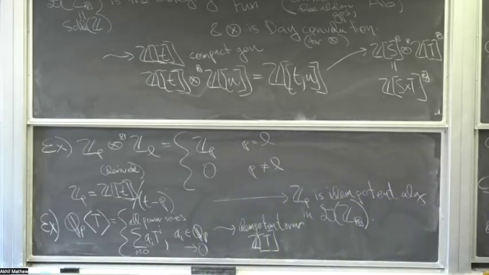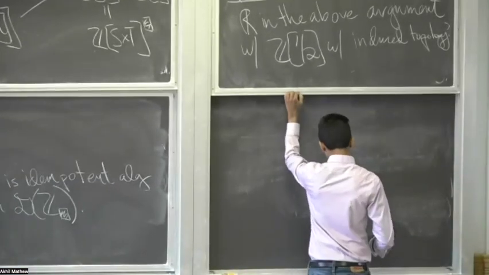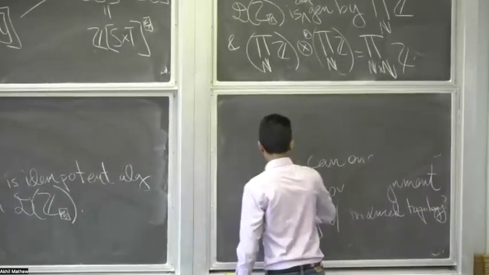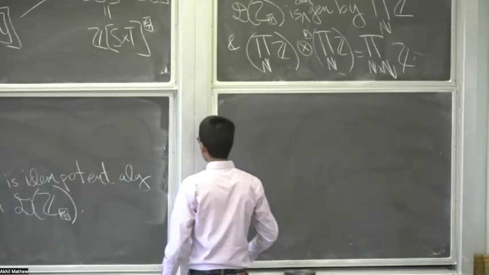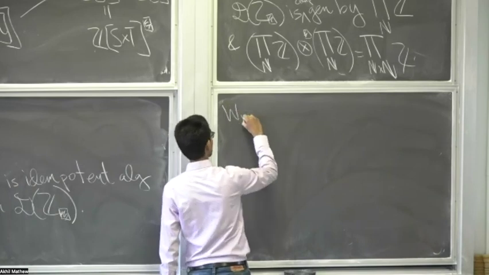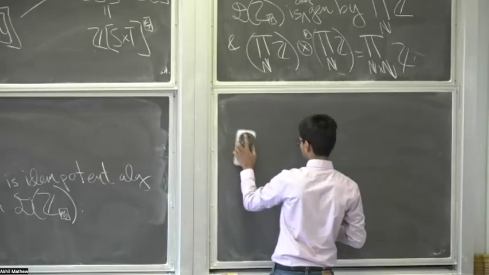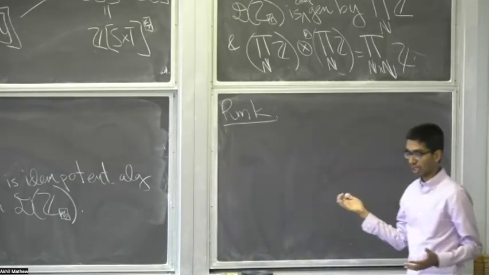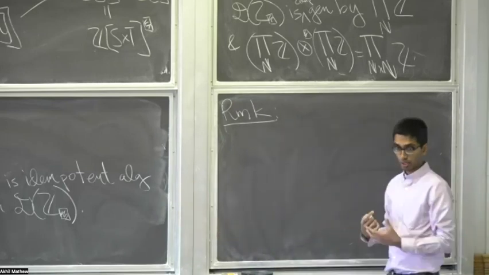A remark is that we have Z solid as an analytic ring, and we can also define Z_p solid as an analytic ring.